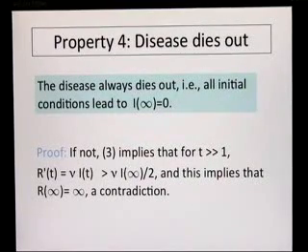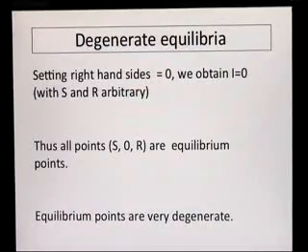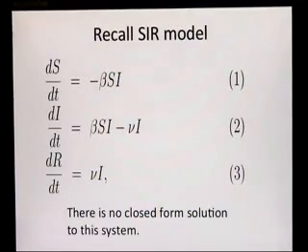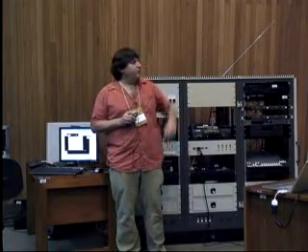So let me just end with property 4, and that is the disease dies out. So I claim that for all initial conditions, the limit as t goes to infinity of I of t is 0. So here's the proof. It's very simple. You go to the third equation. You assume not. So you assume that the limit is some positive number.